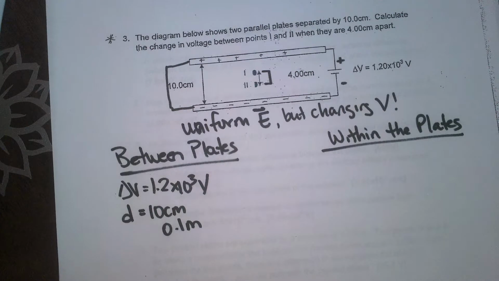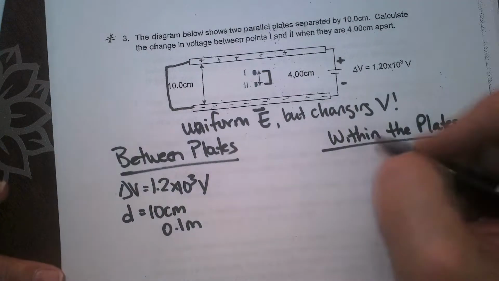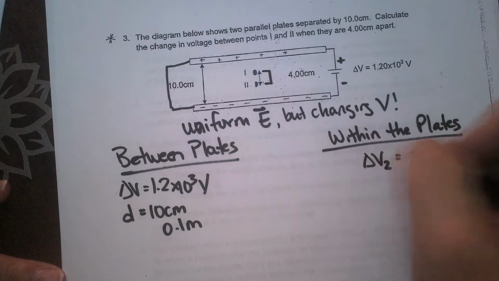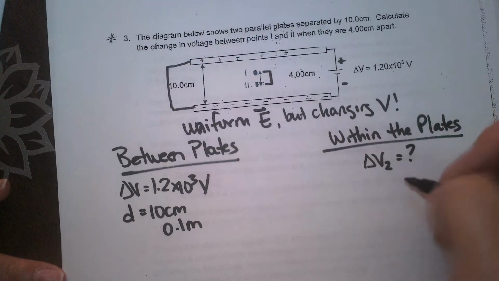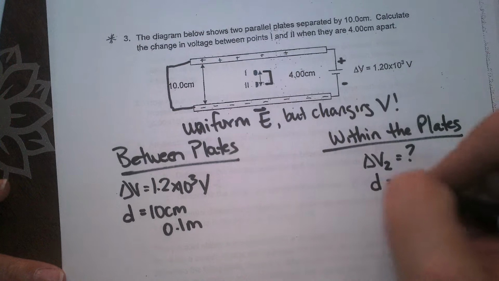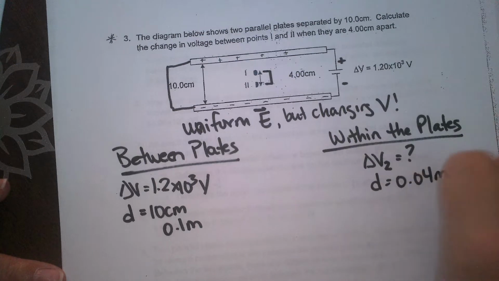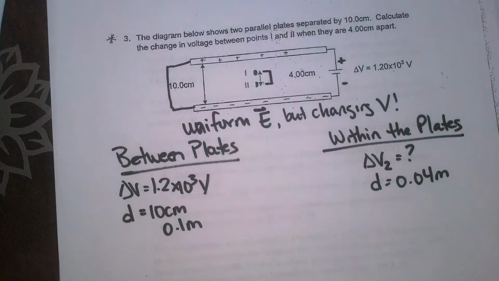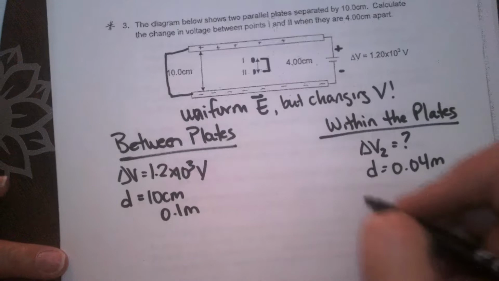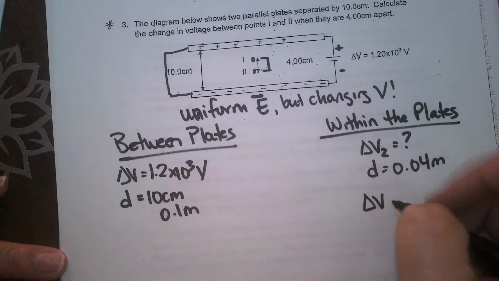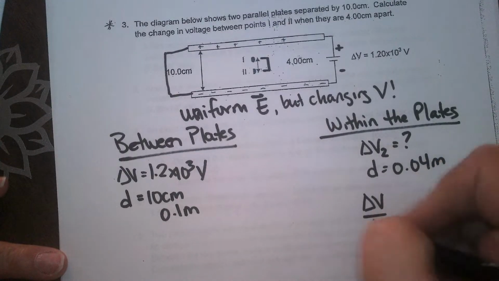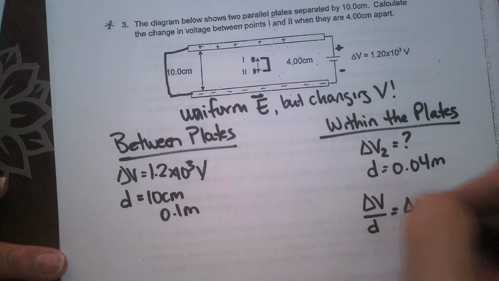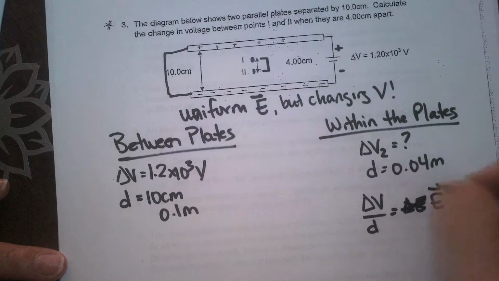Now within my plates, it's asking us to calculate the voltage within the plates when the two particles are 0.04 meters apart. So how do I find voltage? Electric field strength, sorry.